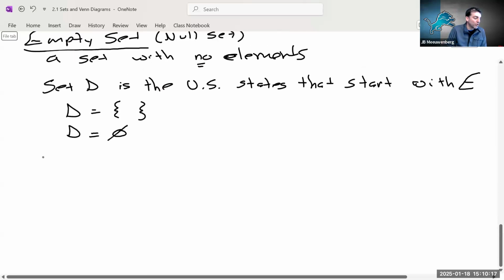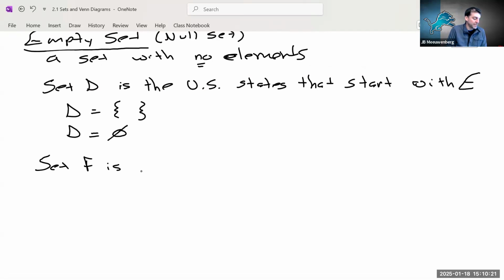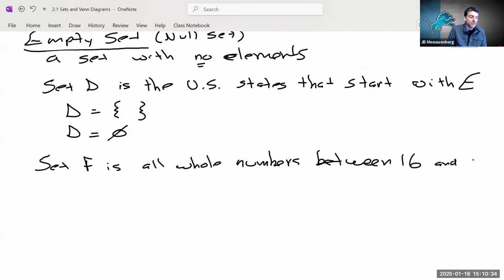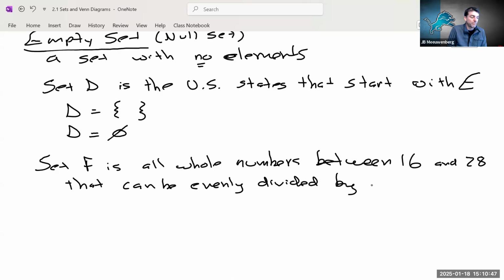If you're looking for a numerical one, let's say set F is all whole numbers between 16 and 28 that can be evenly divided by 15.